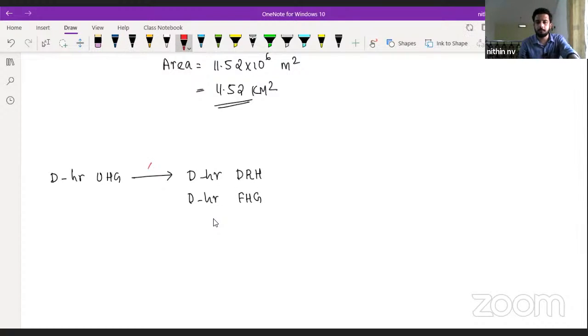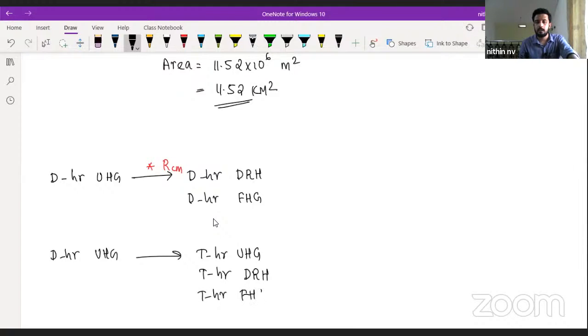We can just multiply with the runoff value, which is in centimeter. And if we are having a d-hour unit hydrograph, they can ask a different duration unit hydrograph. They can ask a different duration DRH, direct runoff hydrograph. Similarly, they can ask a T-hour flood hydrograph also.